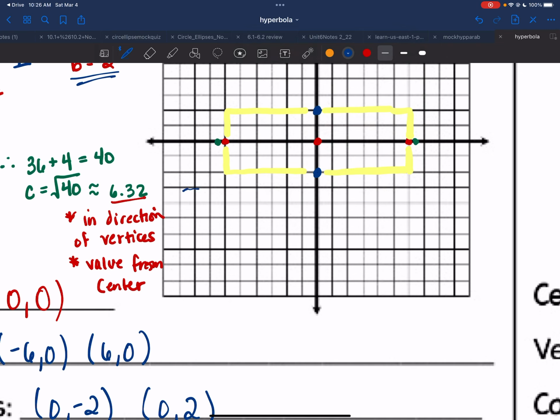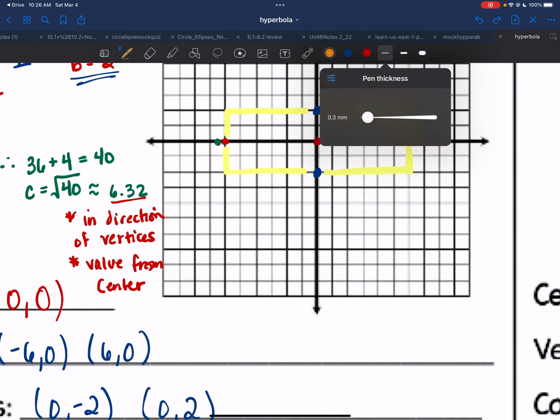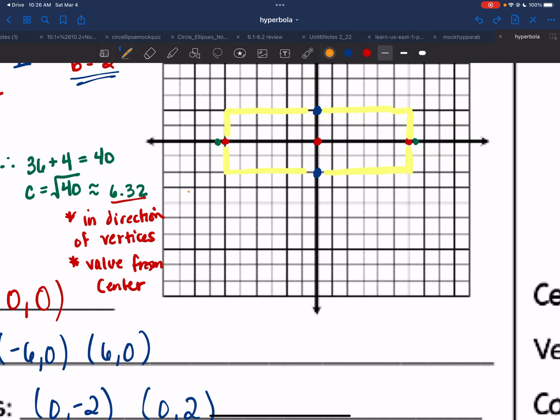So if I go from one corner through the center and through the other corner, that's roughly my asymptote. I know it's a little bit off. It's kind of hard to do a straight line. Okay. So those are my asymptotes.